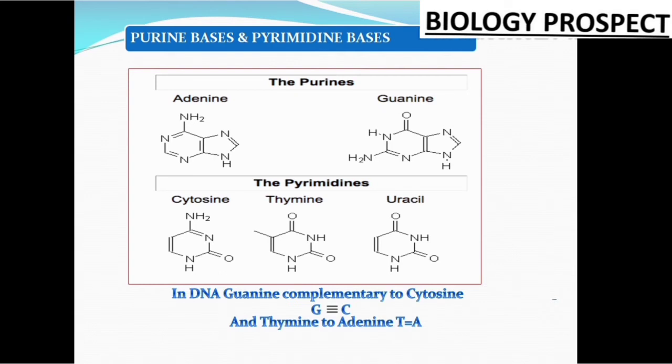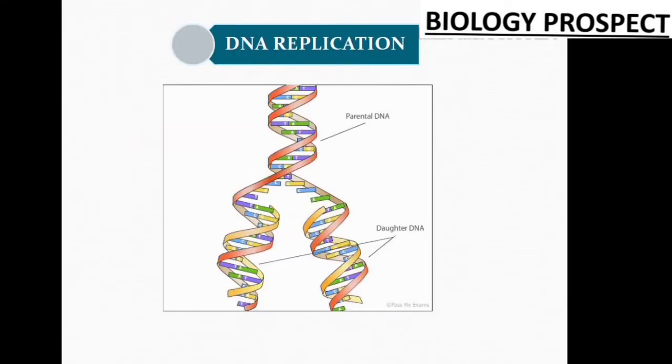Now the second topic in this chapter is how our new DNA strand forms, the so-called DNA replication. Okay friends, now we are going to emphasize the topic of DNA replication. Its literal meaning is the formation of a new DNA molecule.